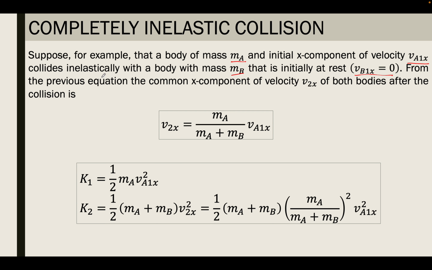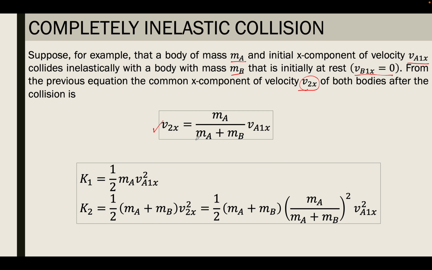So from the previous equation, the common x component of the velocity, or the final velocity of these two bodies after the collision, will now be v sub 2x is equal to m sub A divided by m sub A plus m sub B times v sub A1x.